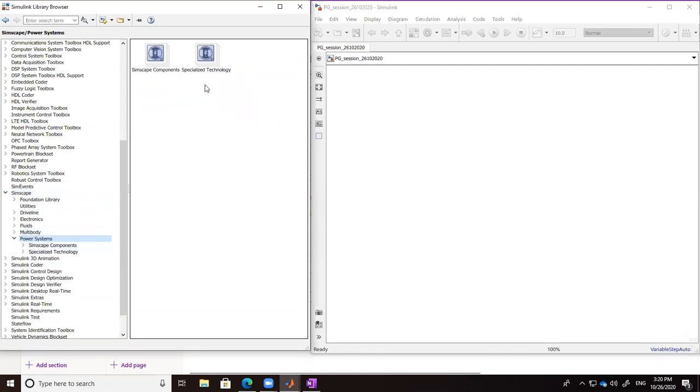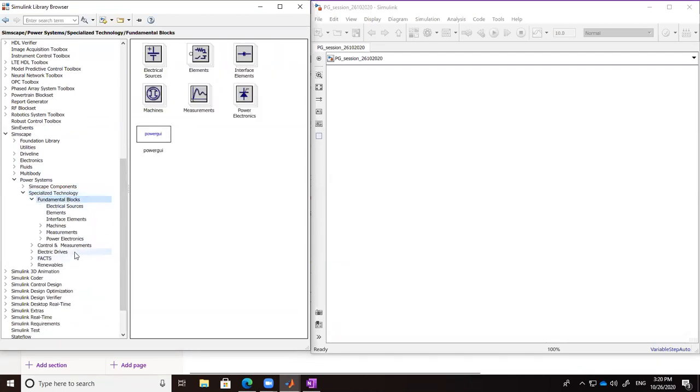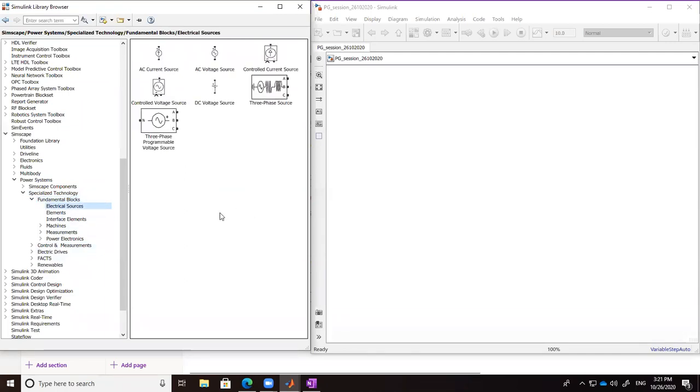In Sim Power Systems, go to Specialized Technology, that is this one. In Specialized Technology, we start with the fundamental blocks.